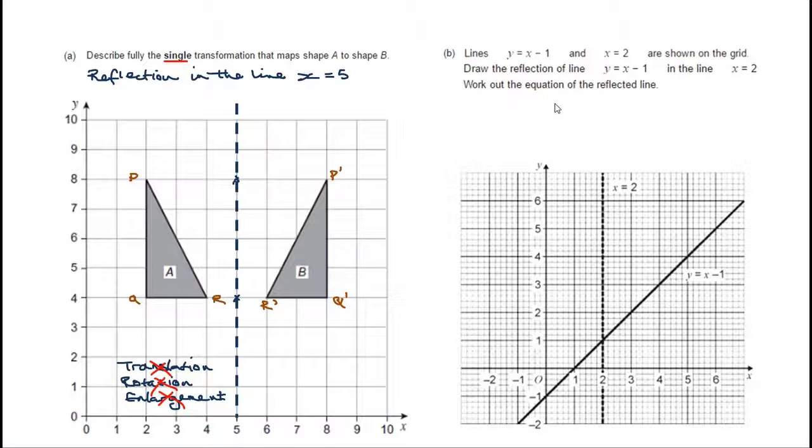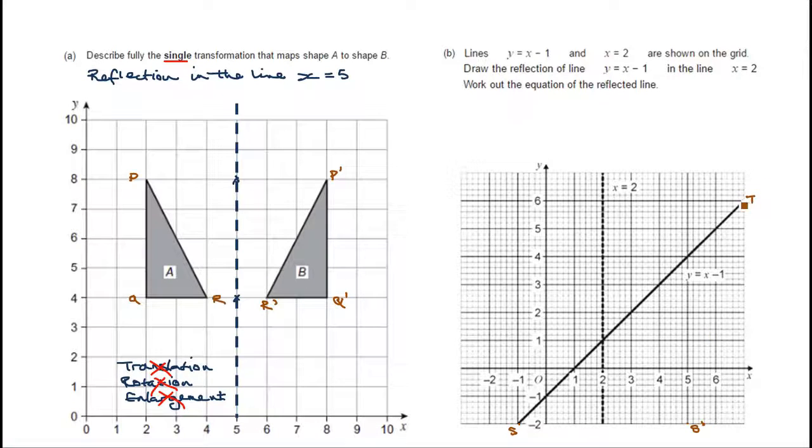So part B then. In part B, we've not got a shape anymore, we've got a line. So what I'm going to do immediately again is label up the line. I could use any two points on the line, but I might as well use the ends. So let's call this end S and this end T. And S is 3 away from the line of reflection at x equals 2, so it must be 3 the other side where we've got the position of S prime.